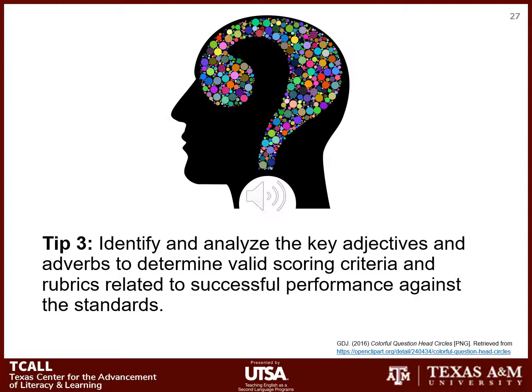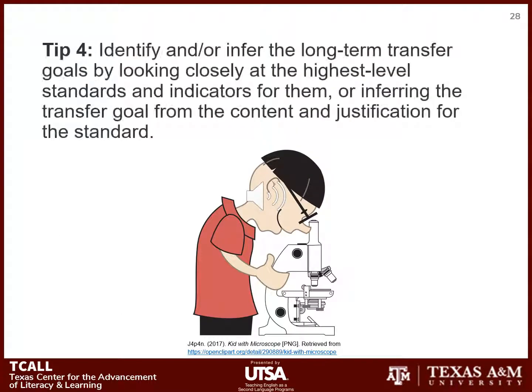They're going to help you to determine valid scoring criteria and rubrics that are related to successful performance against the standards. This is something we'll be talking about more in the next section of the workshop after lunch. Tip number 4 when you're looking at the standards is to identify and/or infer the long-term transfer goals by looking closely at the highest level standards and indicators for them, or inferring the transfer goal from the content and justification for the standard.